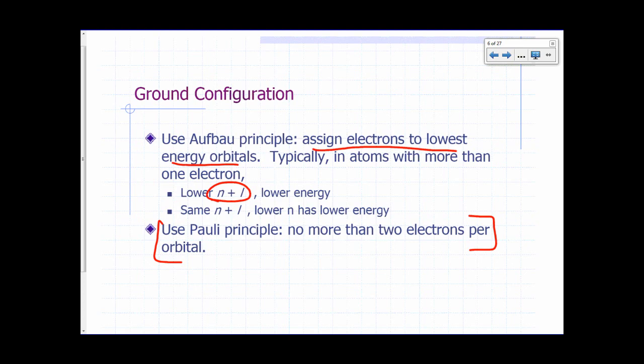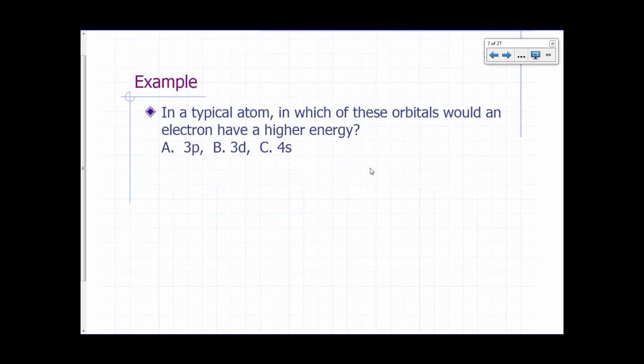Okay, so for a typical atom, the sequence of filling of the orbitals follows n plus L. Okay, so if you have 2 subshells that have the same n plus L, then you fill the subshell with the lower n first. Okay, this procedure for coming up with the ground configuration is known as the Aufbau principle, or the building up principle.